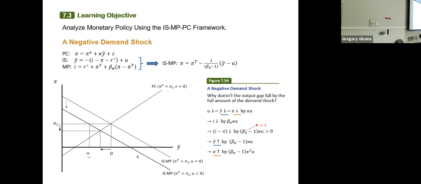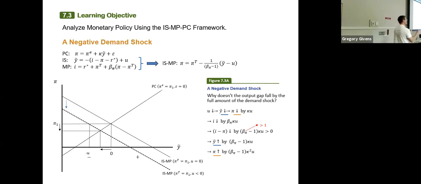That only happens if beta pi is bigger than 1. If the Fed doesn't react strongly enough to inflation, that is, it violates this thing called the Taylor principle, then it leads to a great deal of macroeconomic volatility, which we'll show in the next class. Okay, does that make sense?